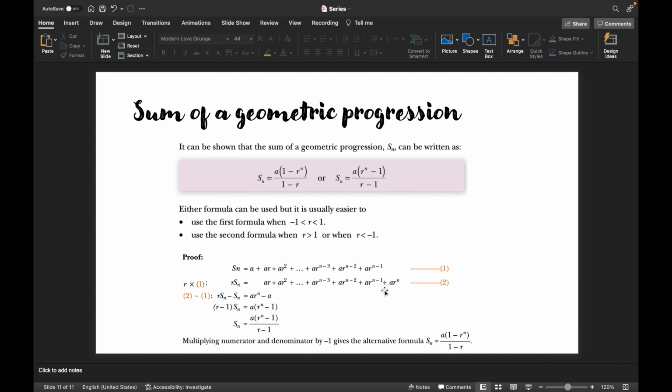When you subtract, you're left with this term and this term. Therefore, you can take Sn as common here, and then when you divide, you get the sum. This is how you derive it. And if you multiply the numerator and denominator by minus 1, you get the alternate formula. So that's how you prove it.